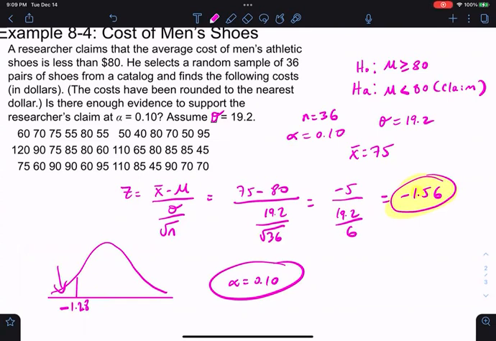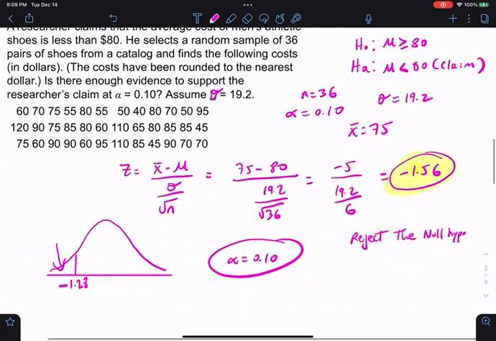Therefore, our conclusion is reject the null hypothesis.